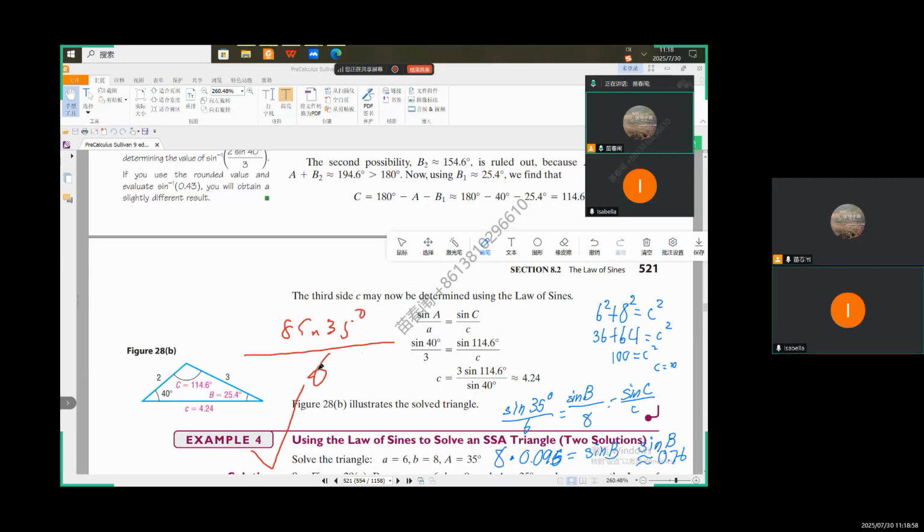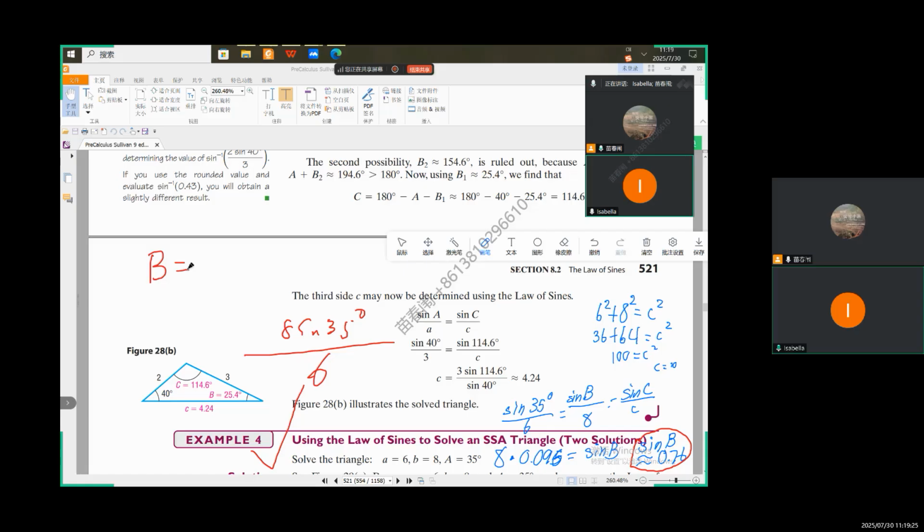And then we do inverse, right? We do inverse to find angle B, right? Because you have sine B, it's probably a good opportunity to find B. Sorry. I'm kind of distracted. Someone in my family's talking outside. Oh, okay.